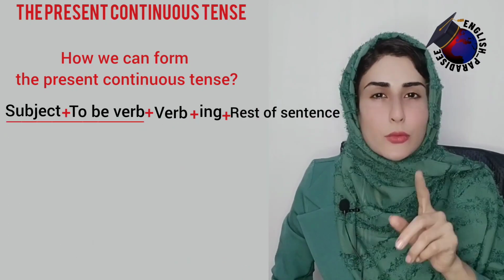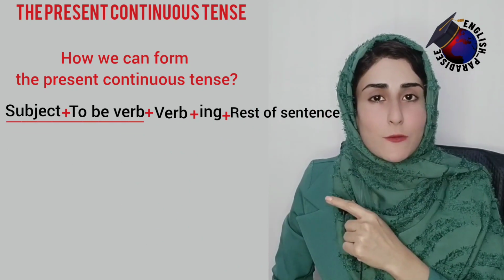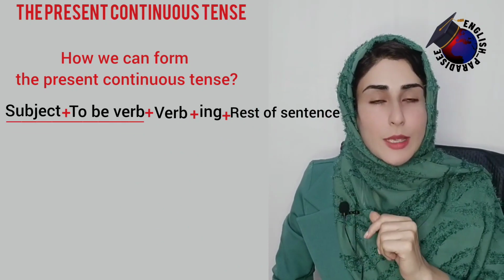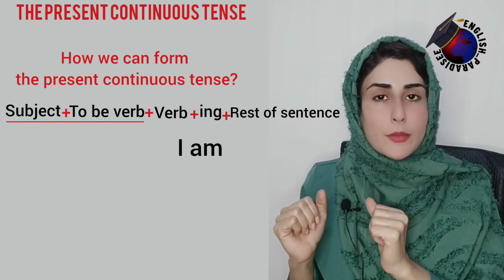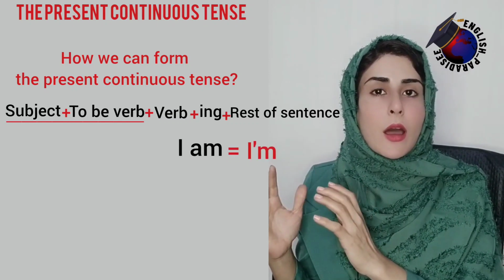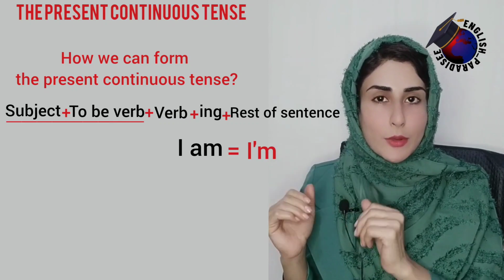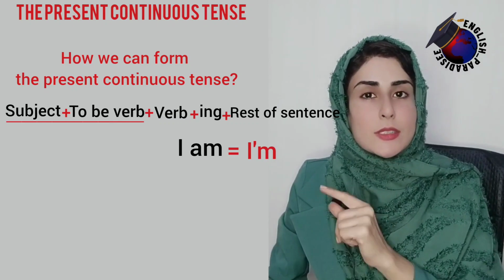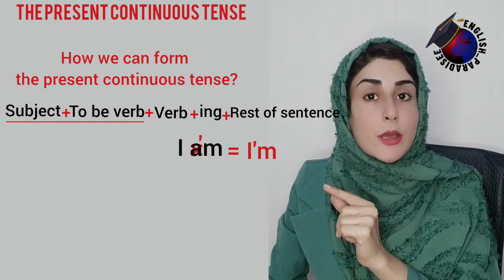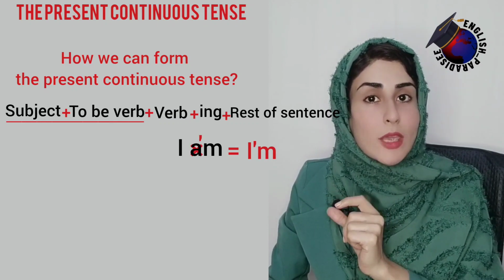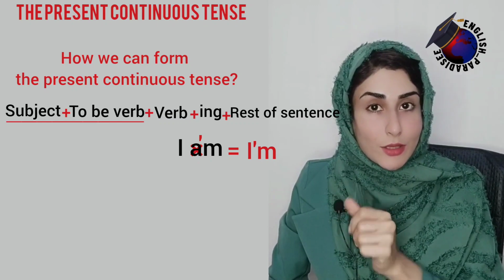Okay? Remember, we can use the contraction forms of them. For example, I can join I with am, and we have I'm instead of I am. Okay? Just take away a and put an apostrophe where we take away that letter, okay?